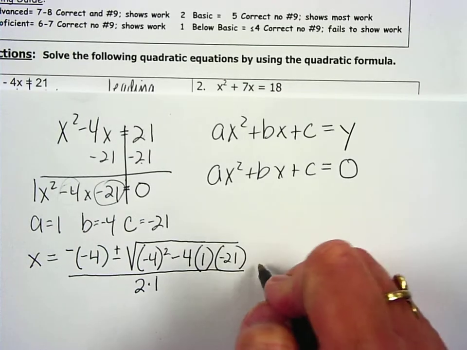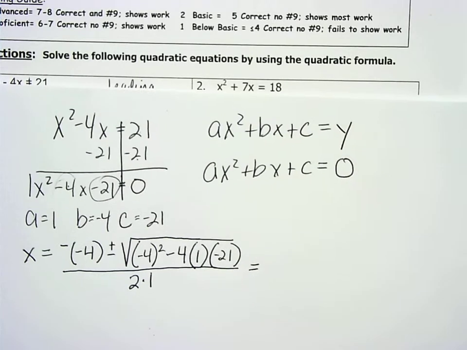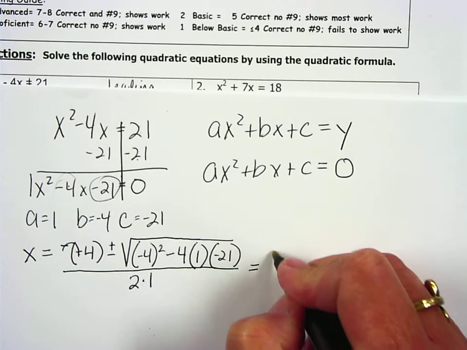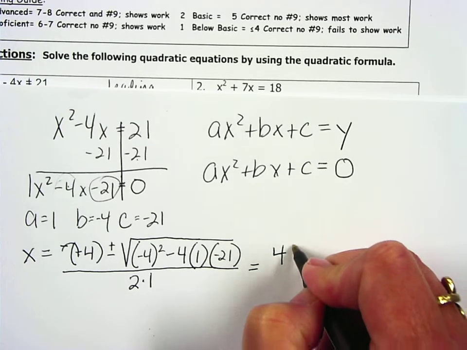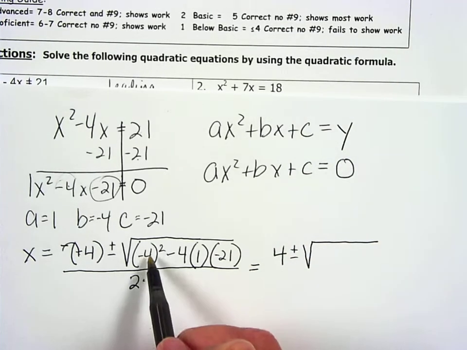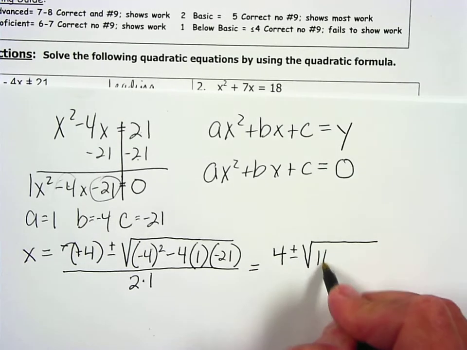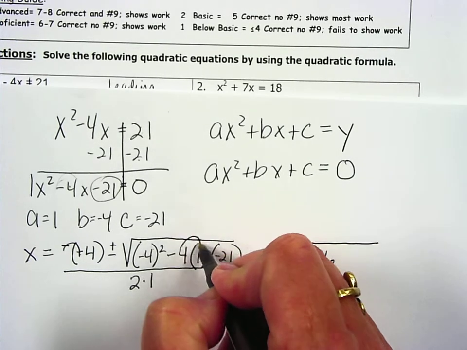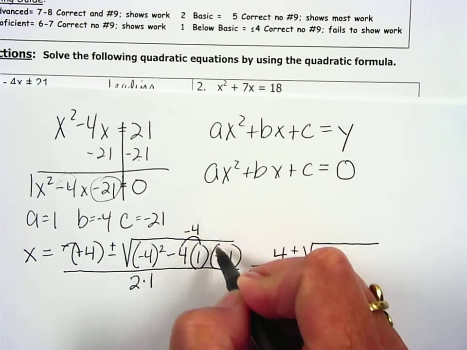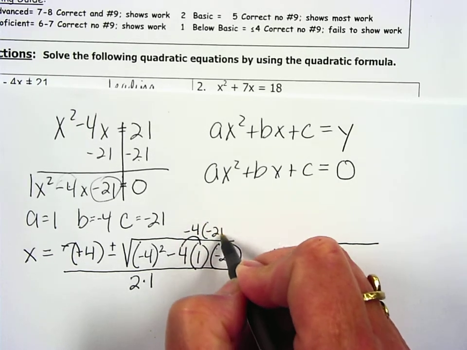Now we're going to simplify. So x equals negative 4 is positive 4, plus or minus the square root of, if I square all of negative 4, I get 16. Negative 4 times 1 is negative 4, and I'm going to take that negative 4 and multiply it by negative 21.